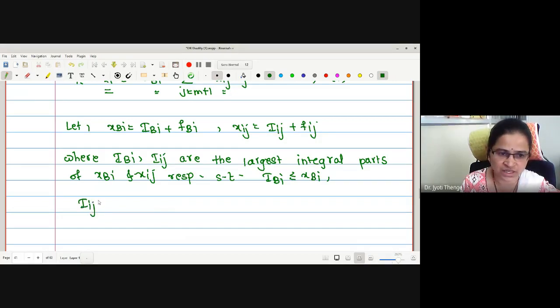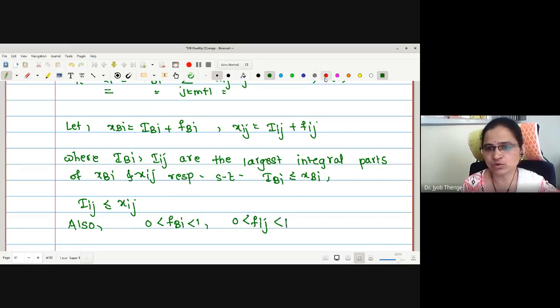Similarly, Iij is less than or equal to xij. Also, the fractional part lies between 0 and 1.